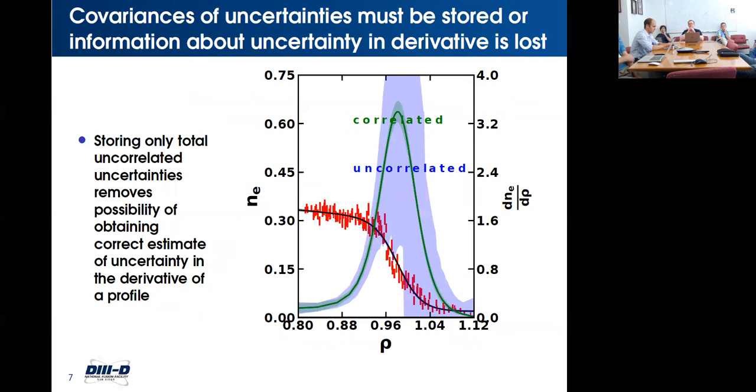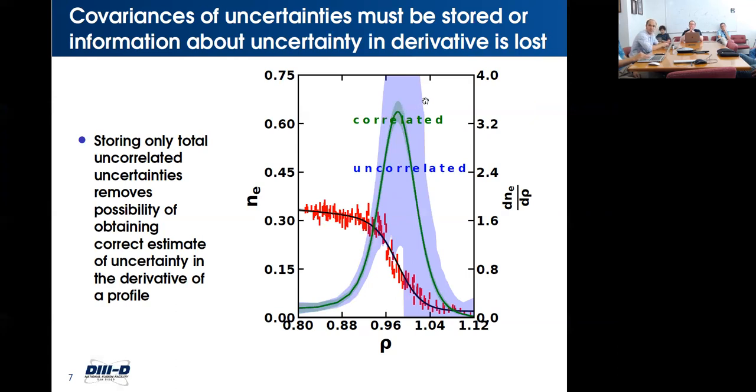So in particular, I show an example profile fit, which is the data in red and the fit in black. But then if you take the derivative of this, which is, as we know, the input to TGLF, as Payam was talking about, if you make sure to follow the correlations between the parameters, then you get the error bar in green.